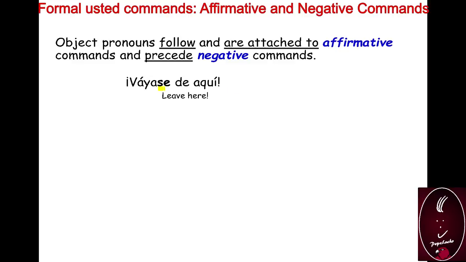This pronoun se is attached to the affirmative command. Tráiganmelo, por favor. Traigan is an affirmative command. Me and lo are pronouns attached at the end of the affirmative formal command.